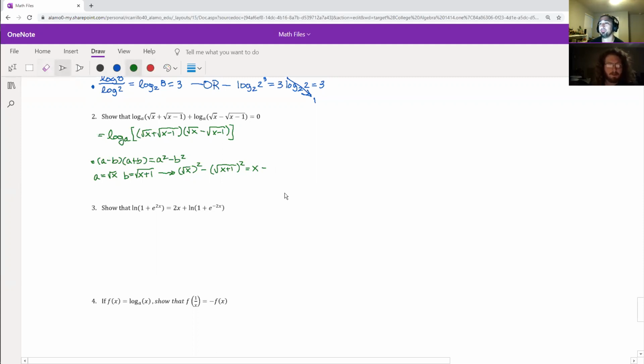There we go. So x minus the quantity x, and then it is plus 1, right? So then this is equal to x minus 1, and this is equal to negative 1.